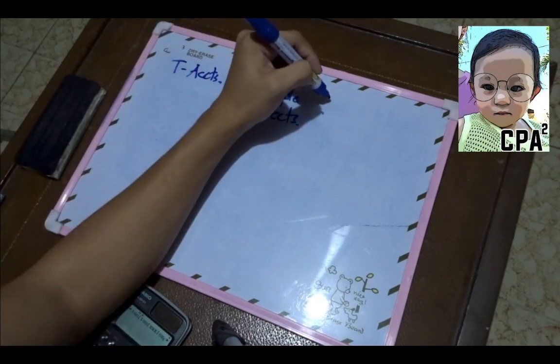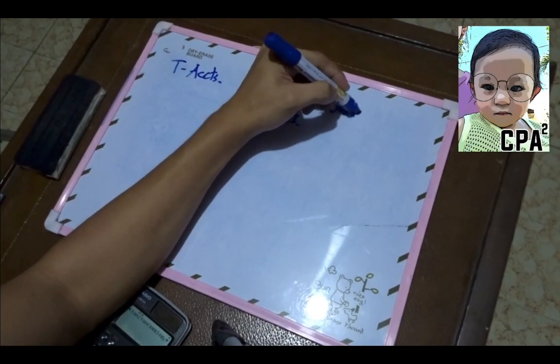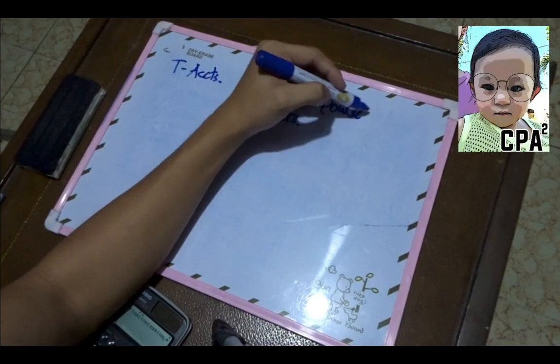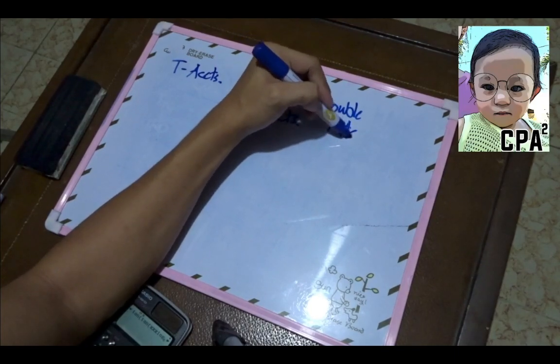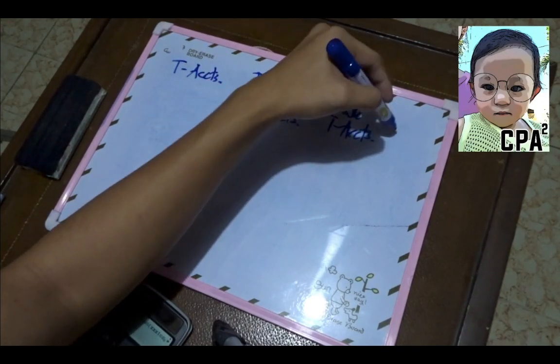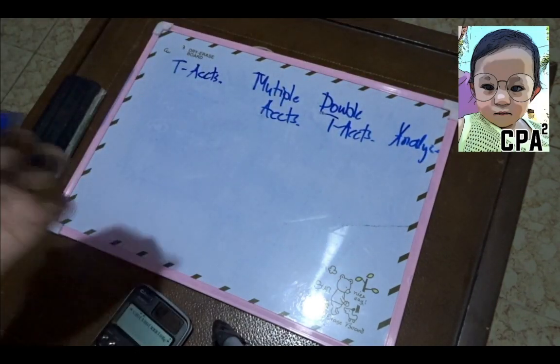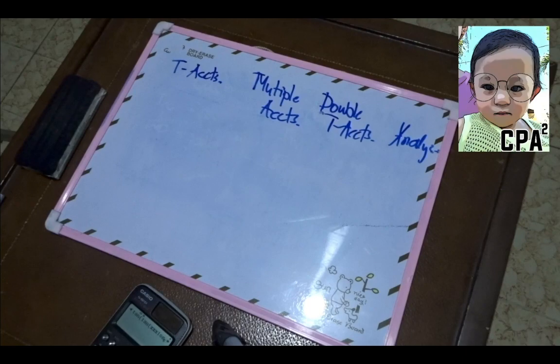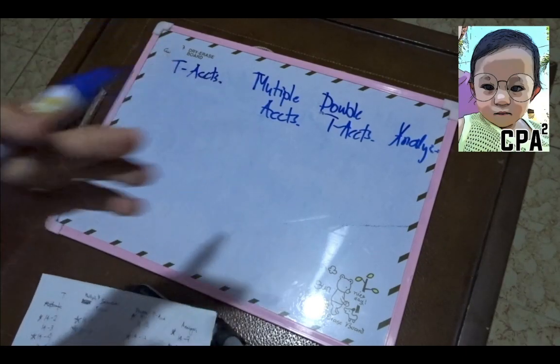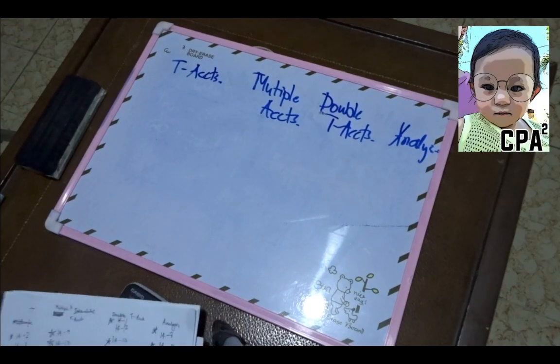And then, this is my own understanding, I have what I call the double T accounts, which I will explain later. And there are also those problems which require deeper analysis or deeper understanding before you can answer them. So the problems in the book of Valix, I classified under these four classifications.